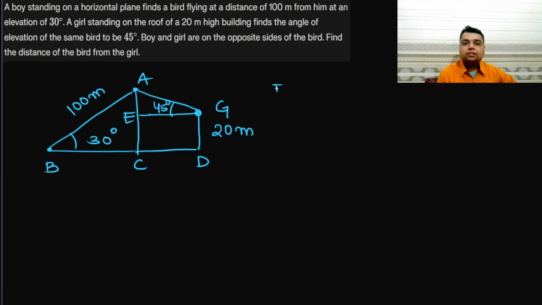So in triangle ABC, can I say that? See, I need to find AC and we have the hypotenuse given to us, right? So this AC we need to find, and AB is given to us. So I can say sine, right? Because sine is perpendicular upon hypotenuse.